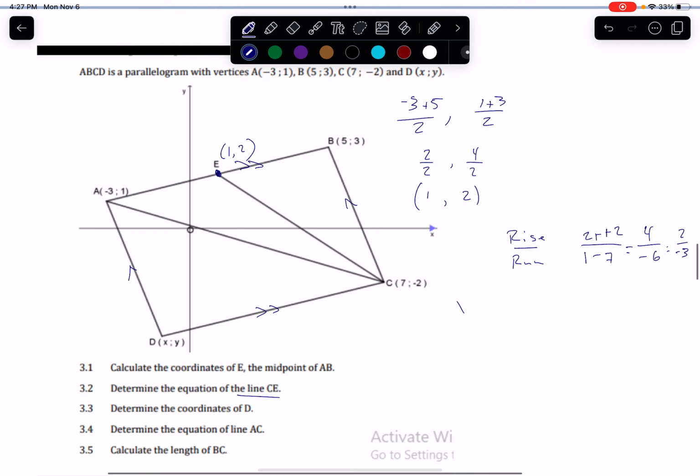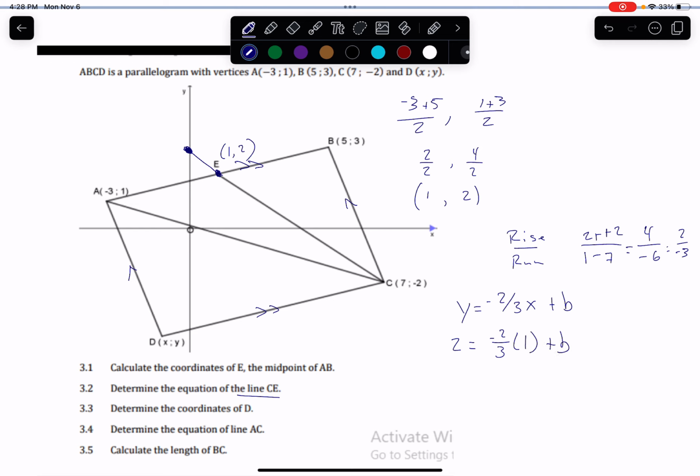So we know this much, y equals -2/3 x plus b. We don't know what the y-intercept is. So that line supposedly goes on up here and hits the y-axis. We need to find that point right there, that b. So take one of your points. I'll just take the 1, 2 and plug it in. So pick either point E or C. I'm gonna take E. 2 equals -2/3 times 1 plus b.